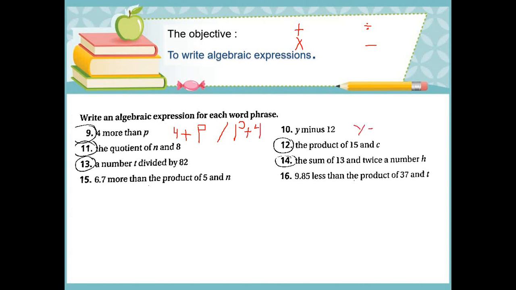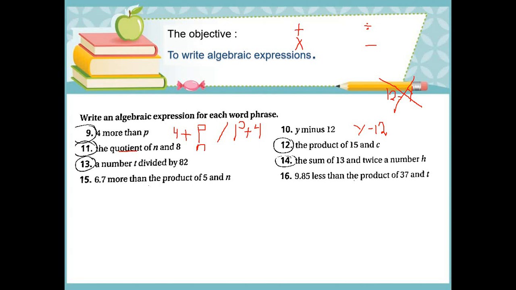y minus 12. Can I say 12 minus y for this expression? No, that's wrong, because you cannot change the order. If you have fewer than, less than, in this case you will write like this. The quotient of n and 8. So quotient represents division. So you have to say n, follow your expression.